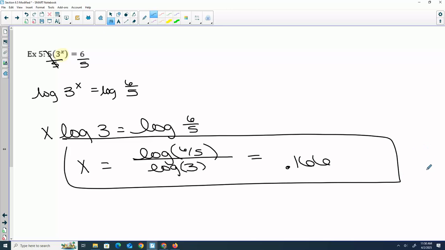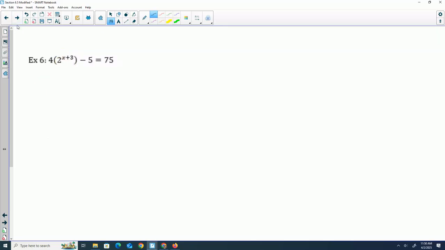Did we get that one? Example 6 is a little bit uglier, but the process doesn't change. I need the exponential, the thing with an exponent, by itself. So what would we do first? So we get 4 times 2 to the x plus 3 power equals 80.